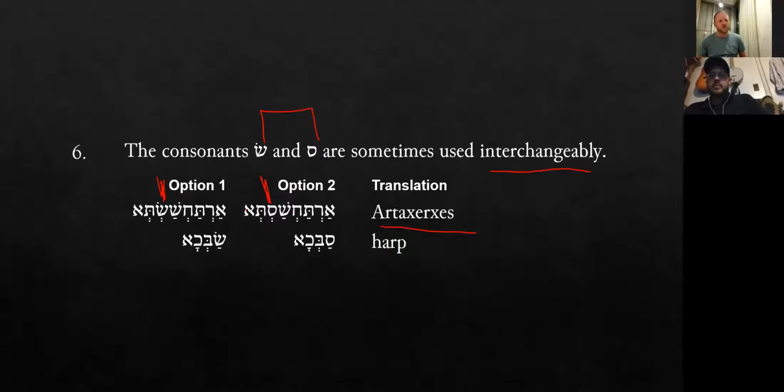And the word for harp is sabcha. Sabcha can be with sin or with the samech. That's our 6 rules. That's all of the 6 rules.